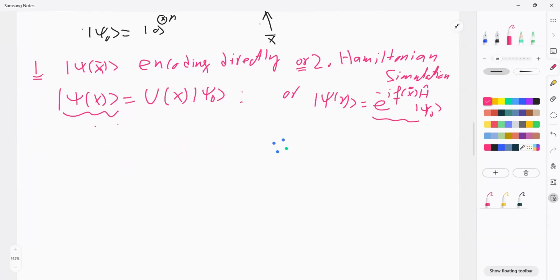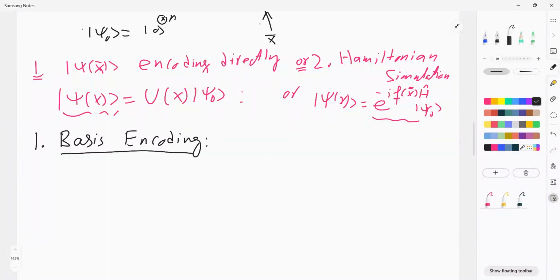So the first example that we can take is, let's call it basis encoding. Basis encoding is perhaps one of the simplest ways.